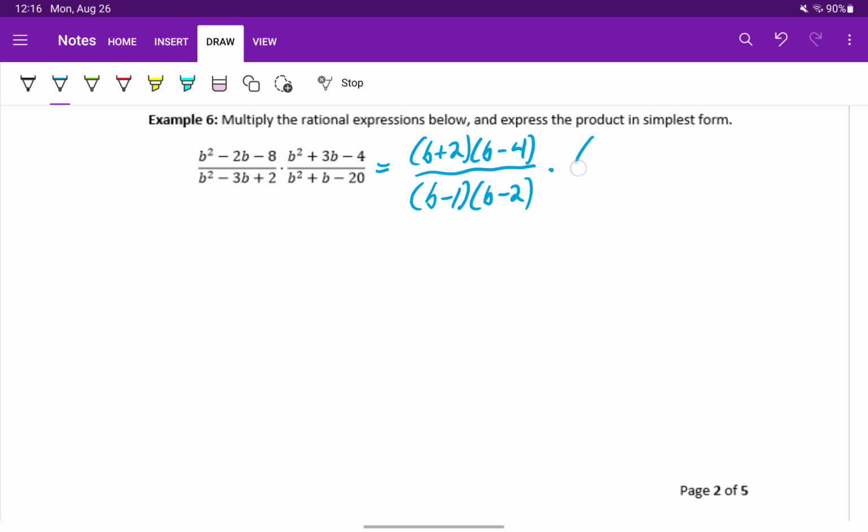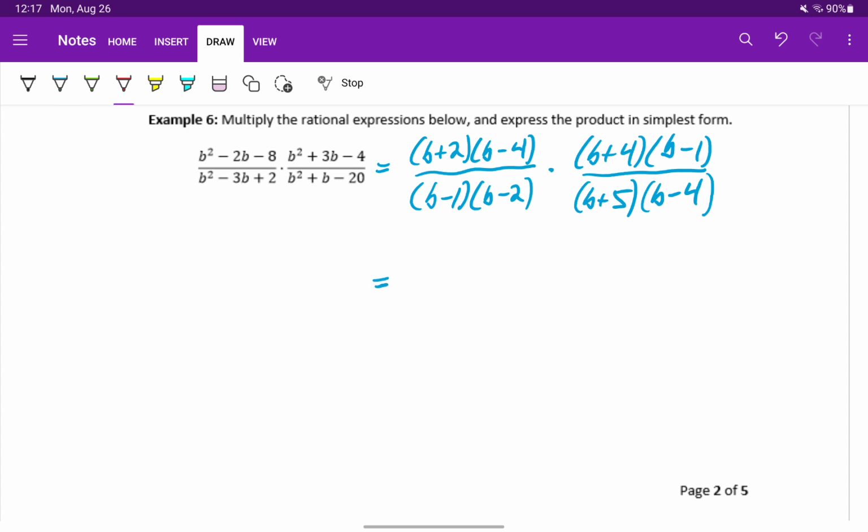And the second rational expression will become b plus 4 times b minus 1 all over b plus 5 times b minus 4. Again, there's a fair amount of work that goes from getting us to the original problem to these factored forms. We're skipping over that step in the videos and leaving it to you to work that out.